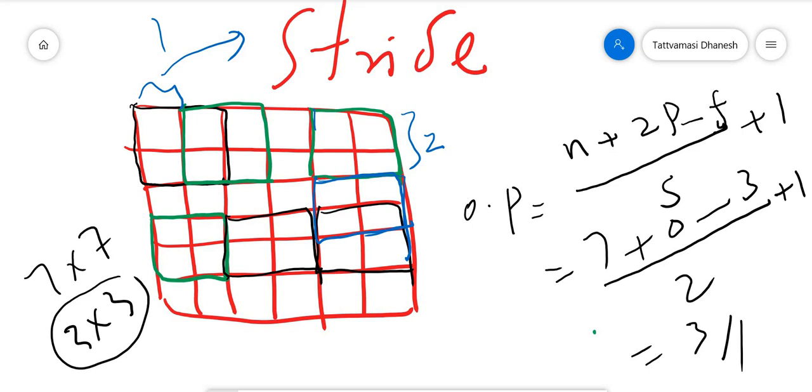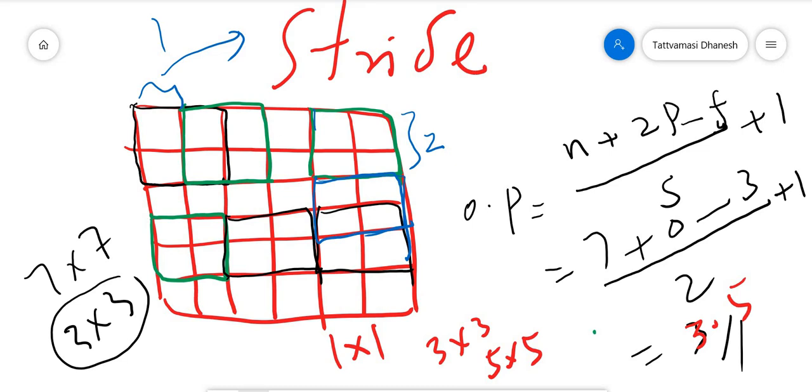You need to understand that the filter or kernel size is very important. It should usually be odd: 1 by 1, 3 by 3, or 5 by 5. So when we use different strides, it can be 2, 3, or 4, and the output you are getting can be a decimal value. You can get 3.5 or something.